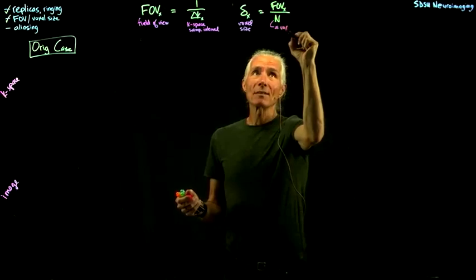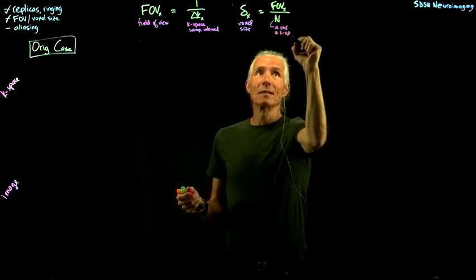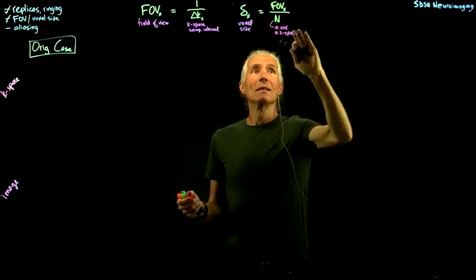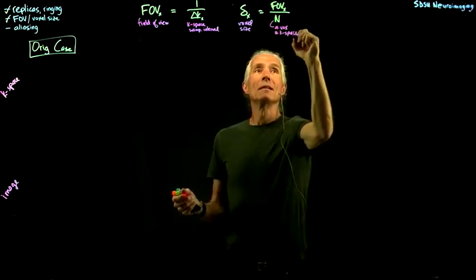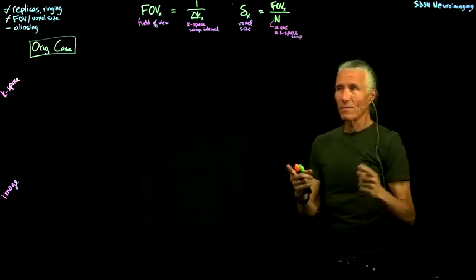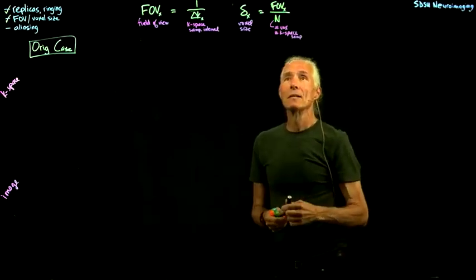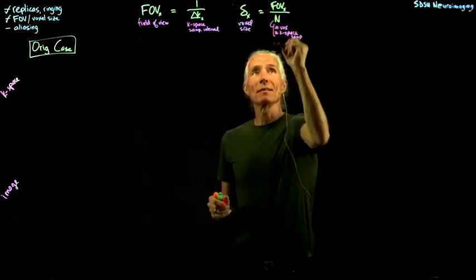It's the number of voxels, but it's also the number of k-space samples, right? Because if you have 256 points in k-space, you get 256 image points. So it's both of those things.